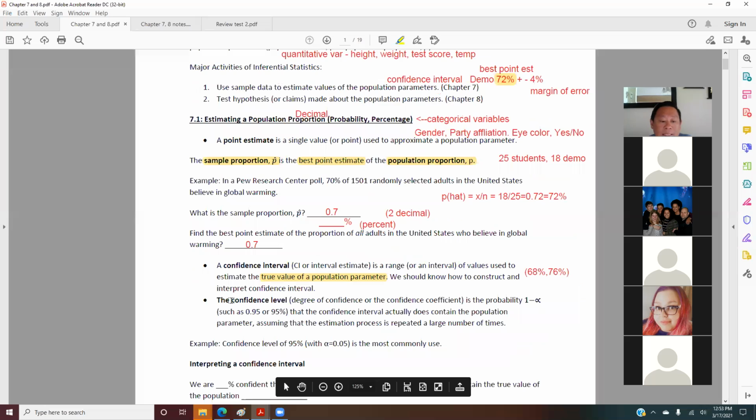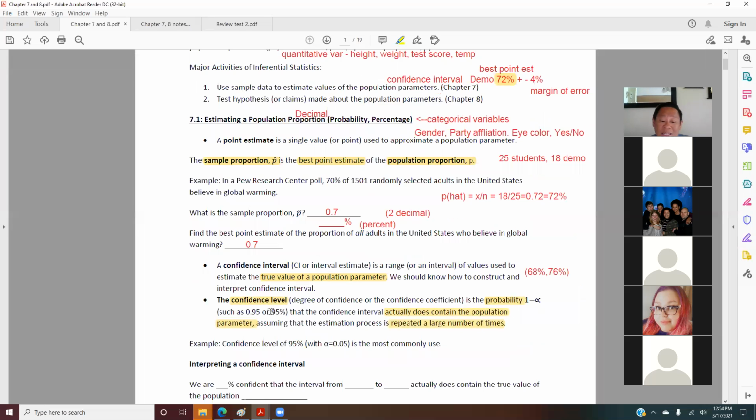What is a confidence level? A confidence level is what we call a degree of confidence. That means how confident are we with these numbers? This is actually the probability of getting this population parameter, assuming that we repeat this a large number of times.